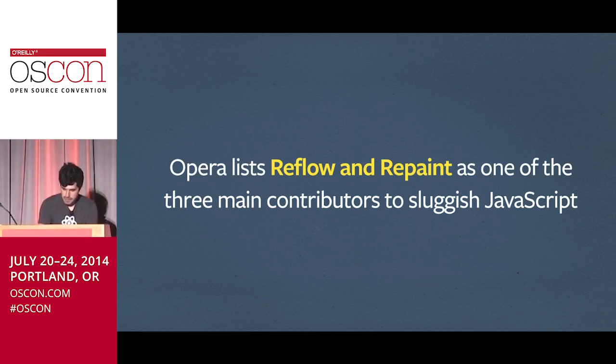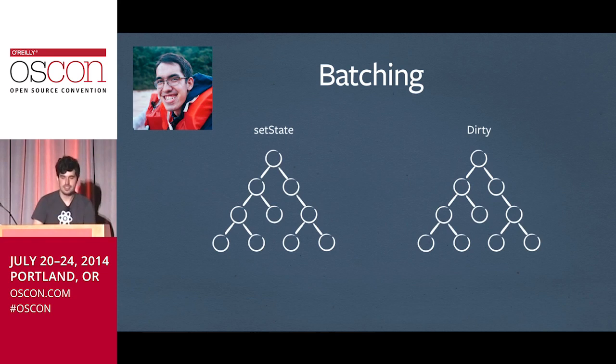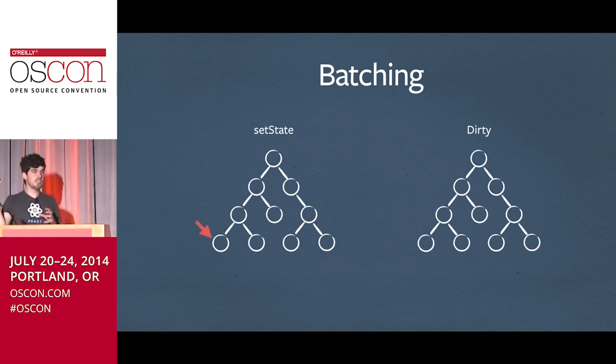And so in order to fix this in React, this is where the batching strategy comes in. So let's say I click on a button, and I want this button to be modified somehow. The way you tell React to update is to call setState on this element. And instead of modifying this element directly in the DOM, we're just going to mark it as dirty for now.